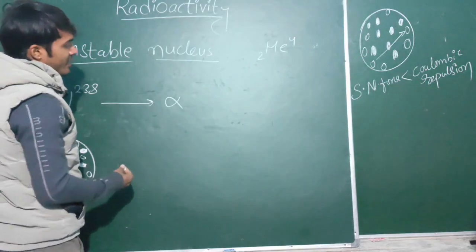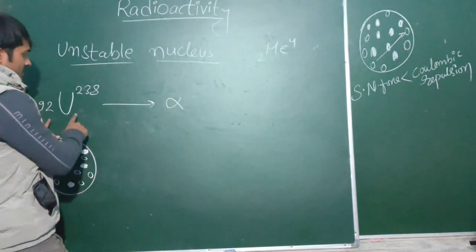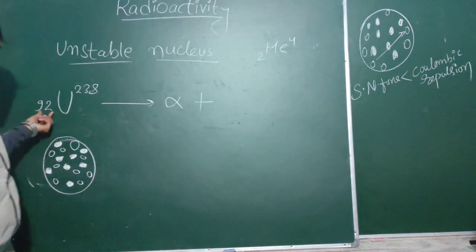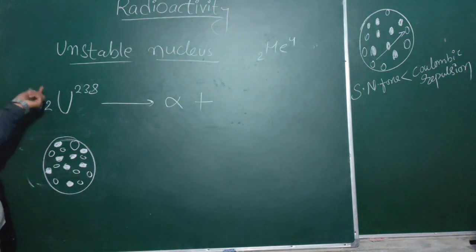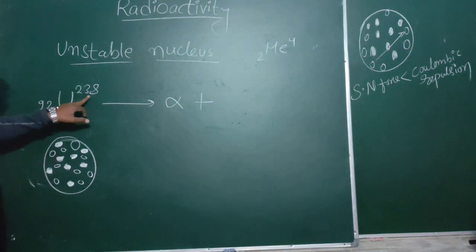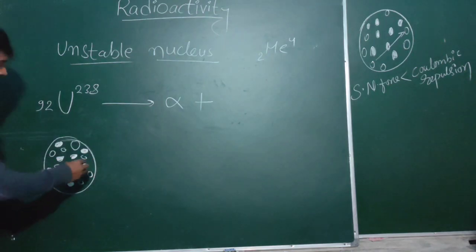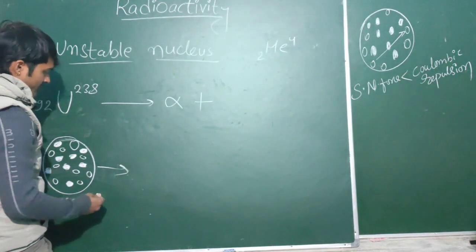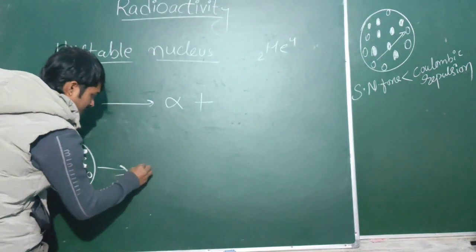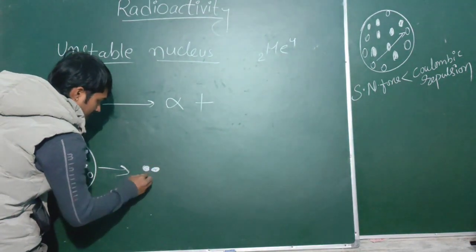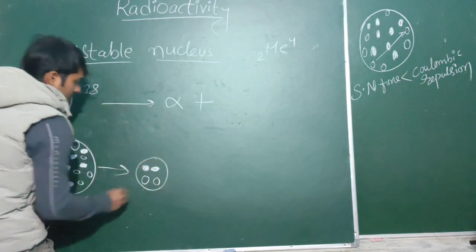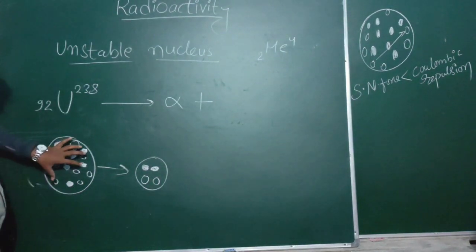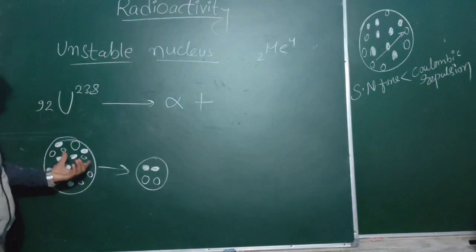So by emitting the alpha particle, the charge of the nucleus will reduce by 2, and the mass of the nucleus will reduce by 4, because in this emission the two positive charges and the two chargeless neutrons have to be subtracted from the nucleus.